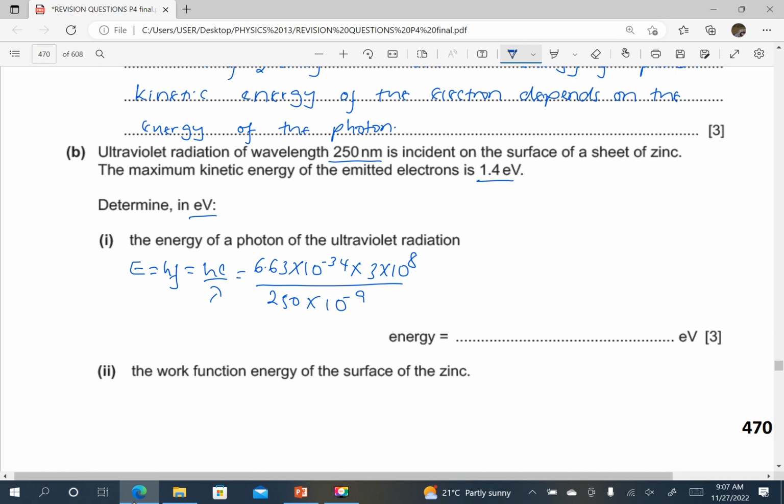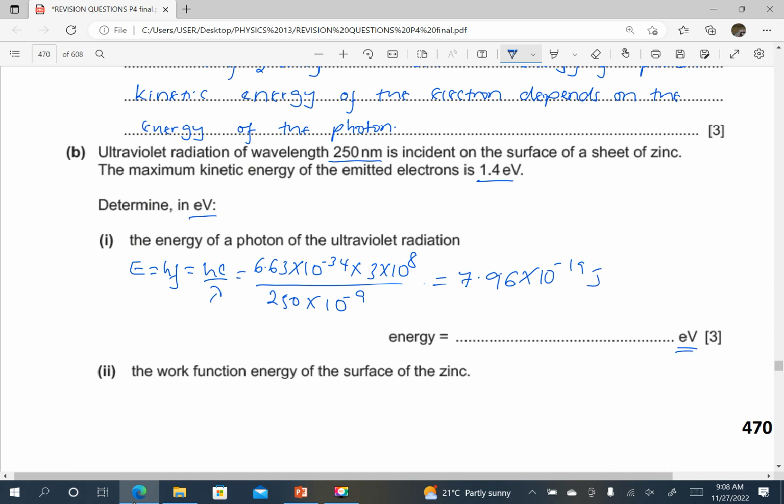So I press my calculator. From my calculator, I'm getting 7.96 times 10 power negative 19, and this is in joules.